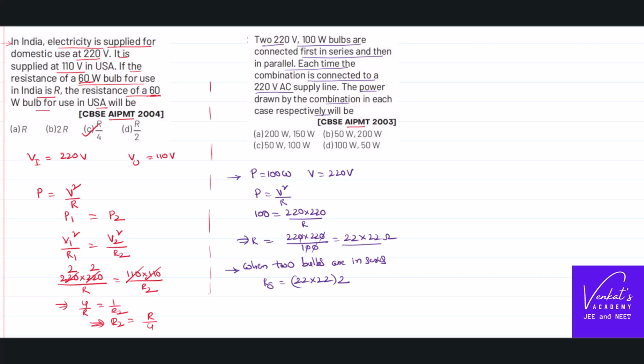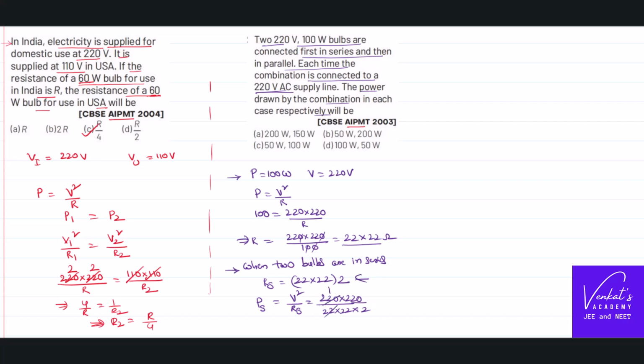Once you know the resistance of the series, you can get the power in series combination using the same formula, V square by R series. V is 220, as it is connected to the same 220 volt source. So 220 into 220 by R series, which is 22 into 22 into 2 as we have calculated.